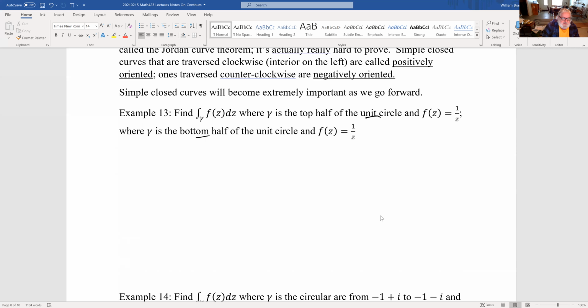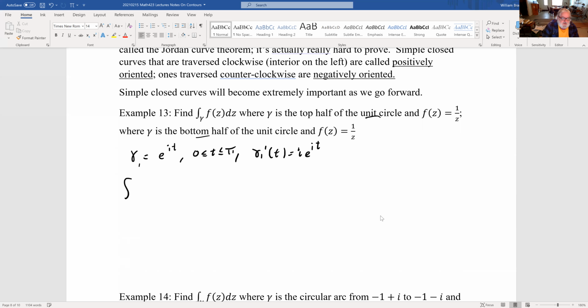So top half of the unit circle, we'll say gamma 1 equals e to the it, 0 less than or equal to t less than or equal to pi. And we always need the derivative. There's our derivative.